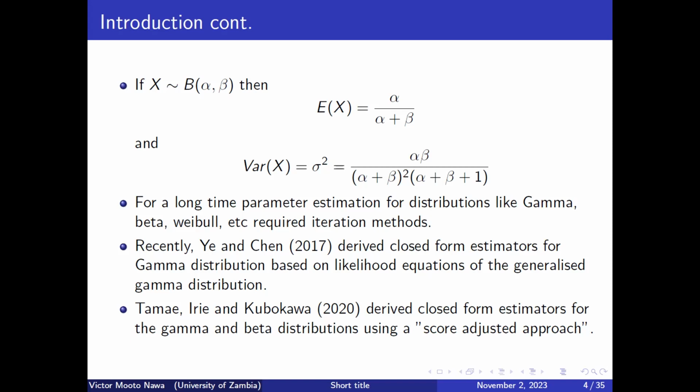Interestingly, the closed form estimators for the gamma distribution found by Tamai, Iri, and Kubokawa were exactly the same as those found by Ye and Chen in 2017. This is what motivated us to do this research, and the idea was to see if we can come up with other alternative closed form estimators.